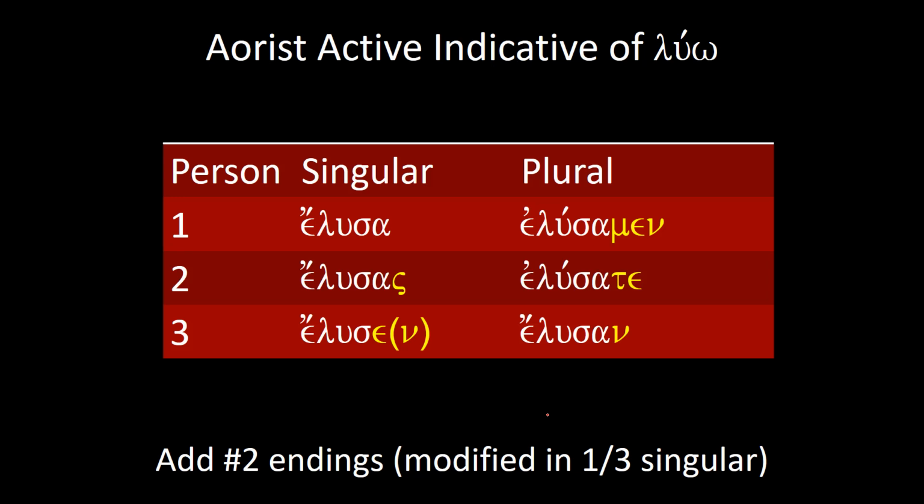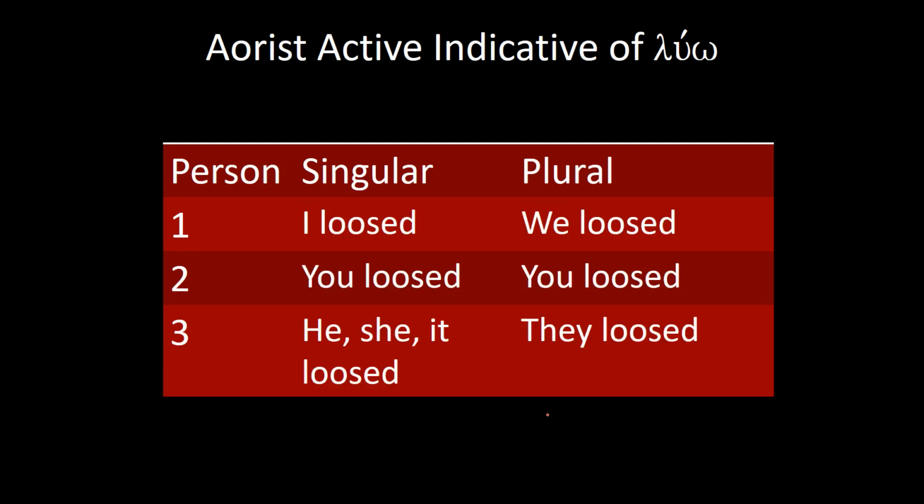That's a bit helpful. Elusa, elusas, eluse, elusamen, elusate, elusan. Now this would translate in the simple past tense. I loosed. You loosed. He, she, or it loosed. We loosed. You loosed. They loosed.